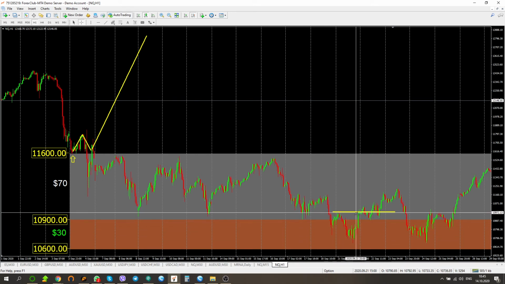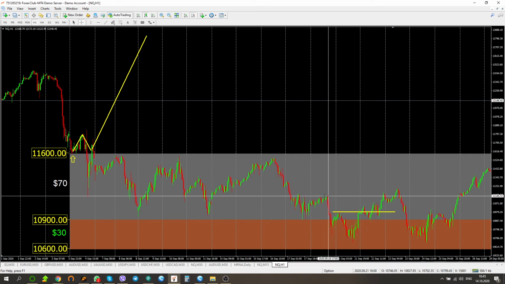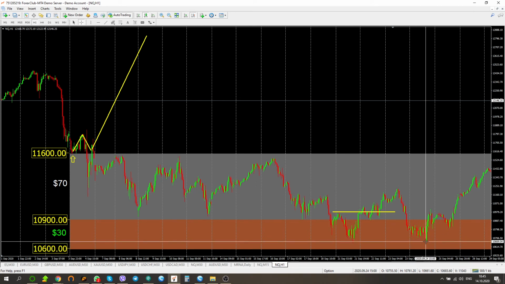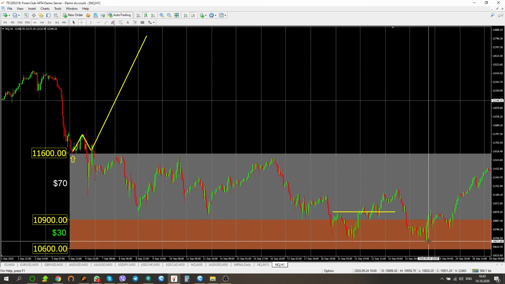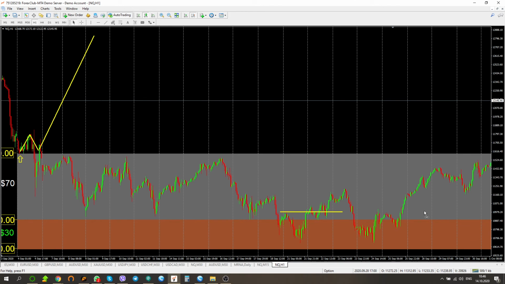After beating this resistance level, we were not capable of beating the next resistance level, so that's why we went down here. But this support is very strong, and it has now bounced the market back, and now we can see that the market is growing.